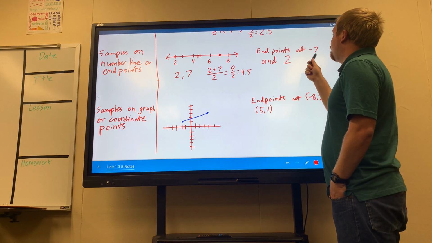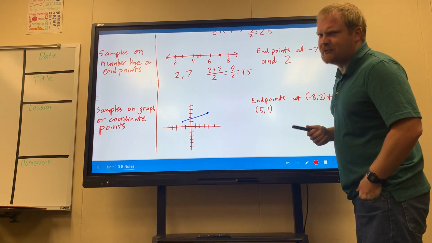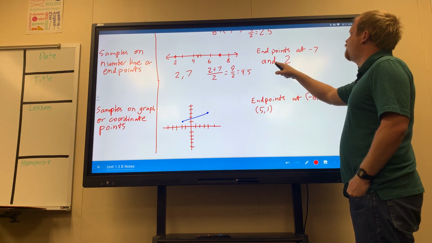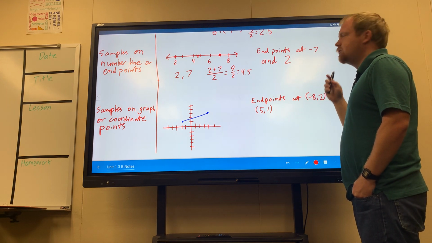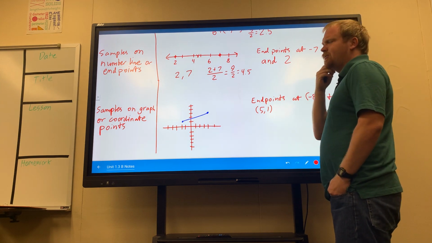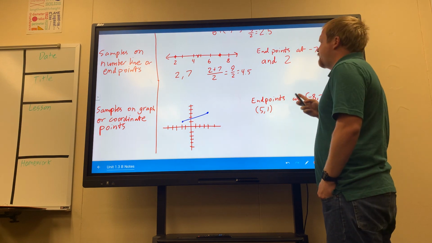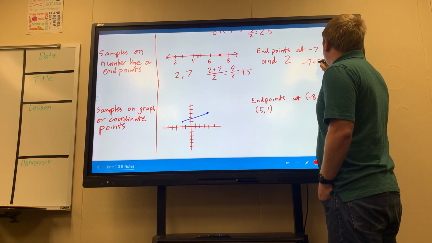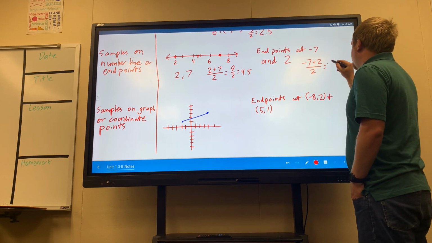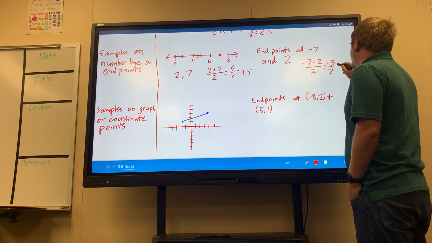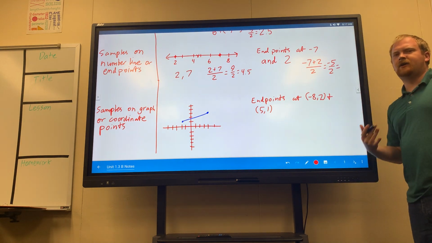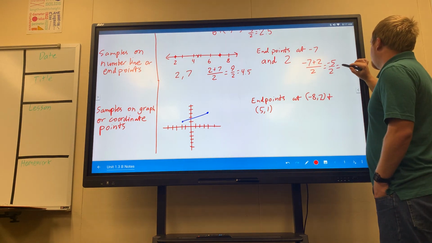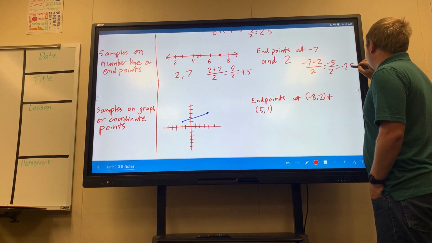Now, if I want to find the midpoint between -7 and 2, that's not going to be too hard, because again, I just got to take the average. So -7 plus 2 over 2 equals -5 divided by 2, and -5 divided by 2 is -2.5.